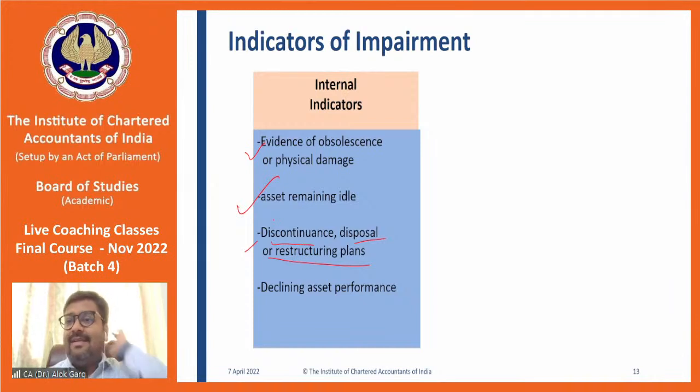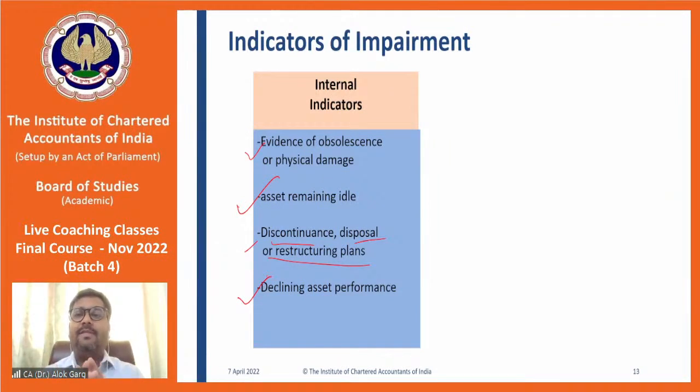So if there is a restructuring, a discontinuance plan, or a disposal plan, of course, that is an internal indicator of impairment. It is just indicating that there could be an impairment and you have to perform the detailed exercise. Declining asset performance, right? Time by time your asset has declining performance.